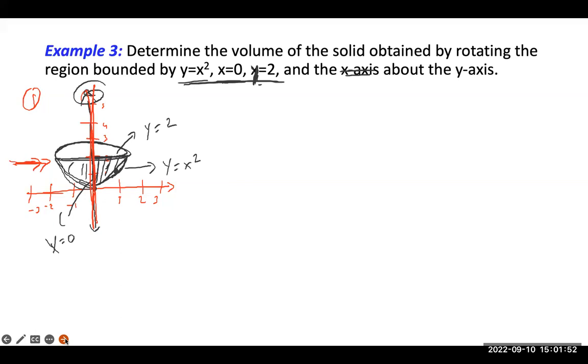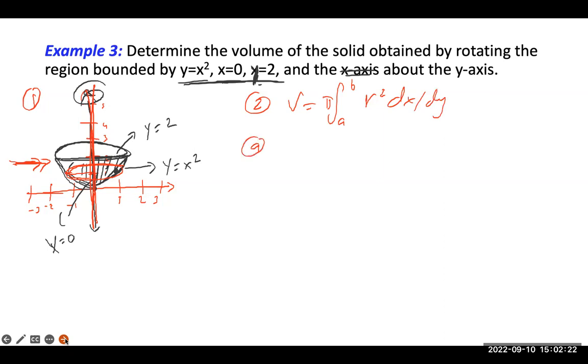So for number 2 here, we're going to take the cut this way. And we have to find a couple of things, right? Looking at the formula, we have pi integral from A to B of radius squared dx or dy.